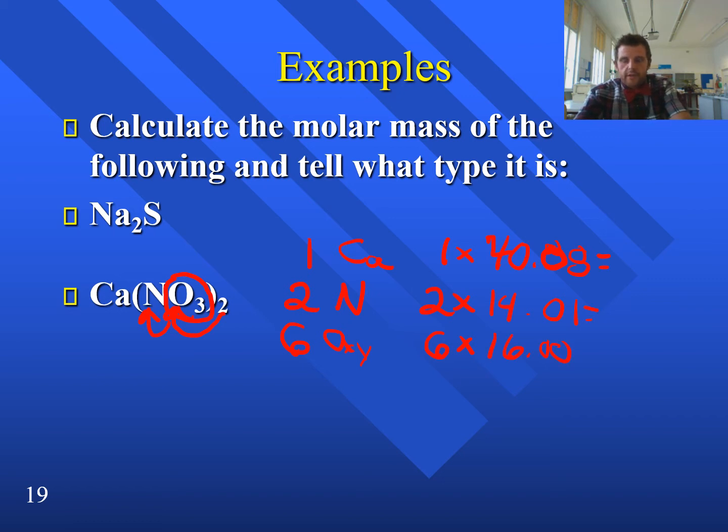That gives 28.02, 40.08, and 6 times 16 is 96. And then add them all up to get 164.10 grams per mole. And then don't forget the unit, grams per mole.